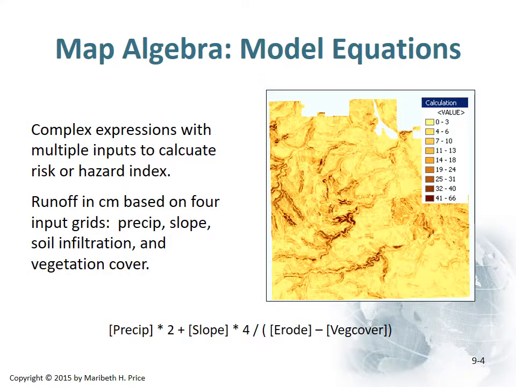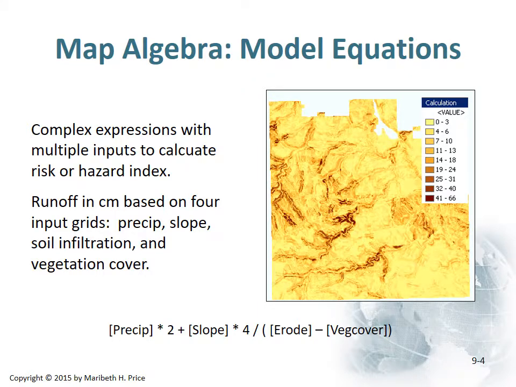And as we can with vector data, we can create strings of variables and operations, making an equation or a SQL statement that operates on multiple input grids, perhaps multiple operations or functions, and resulting in an output raster.